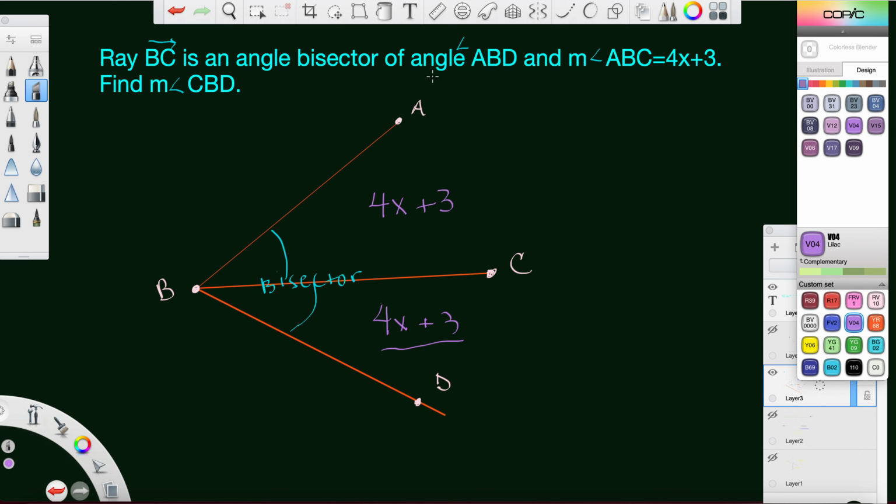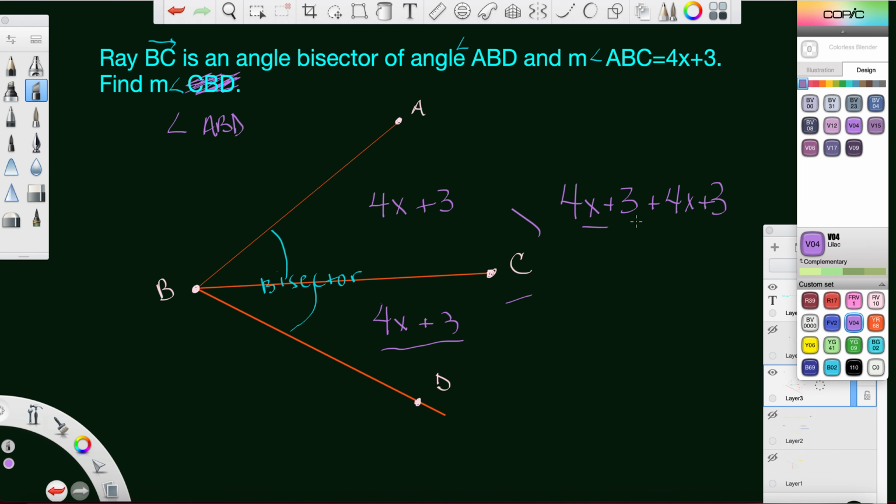Now, if by chance they wanted to ask you, what's the measure of the whole? I think I'm going to have some questions like that. Say, find the measure of ABD. Well, if we want to find the whole and we've been given the measure of a half, then just add this and this together: 4x plus 3 plus another 4x plus 3.